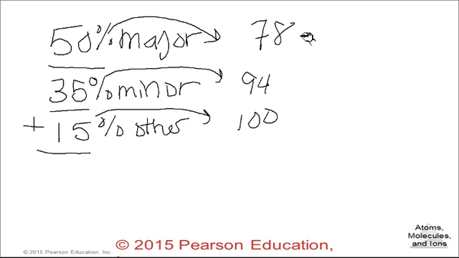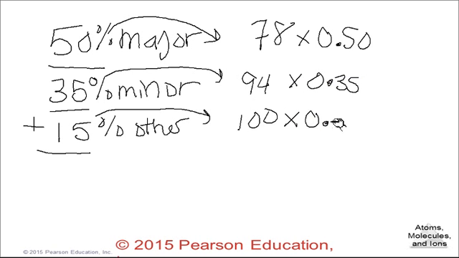So you would do 78 times 0.50 for 50%, 94 times 0.35 for 35% of your grade being a 94, and then 0.15 times 100 for your other grades. You would calculate each of these numbers individually and then add them up to get your final grade.